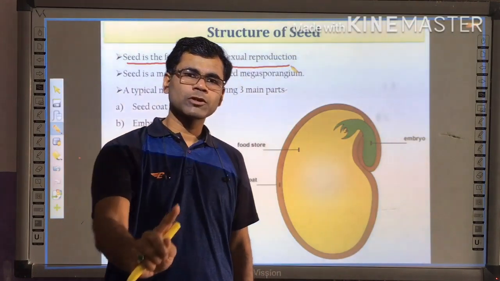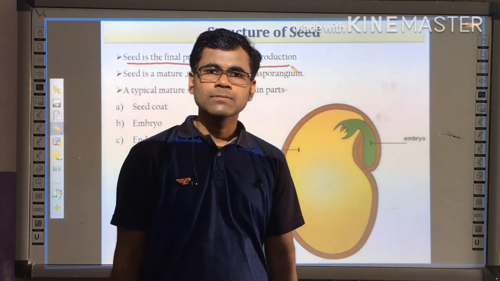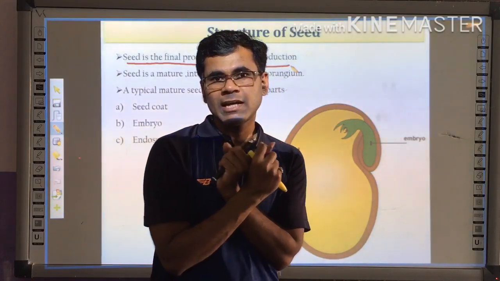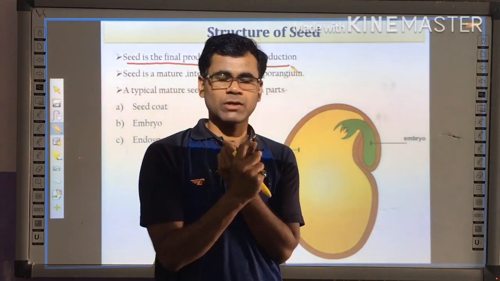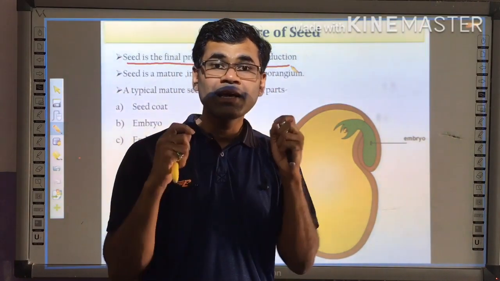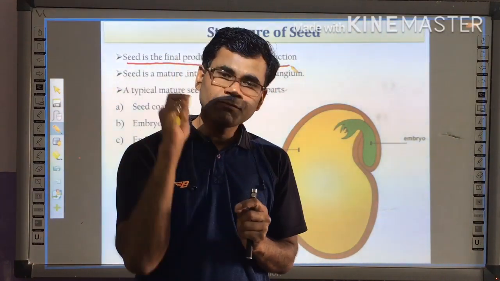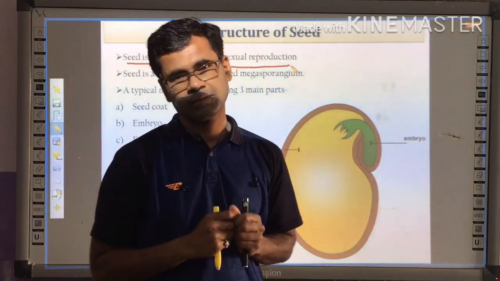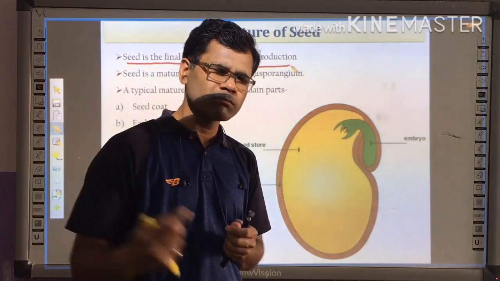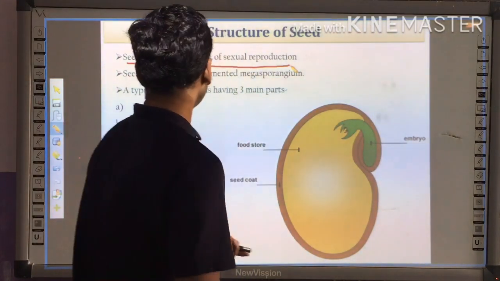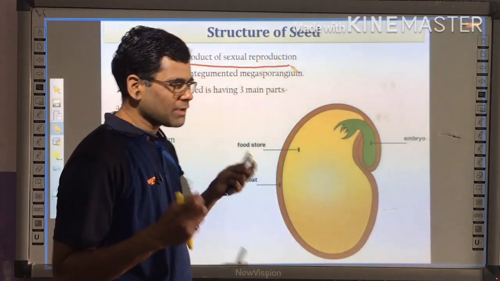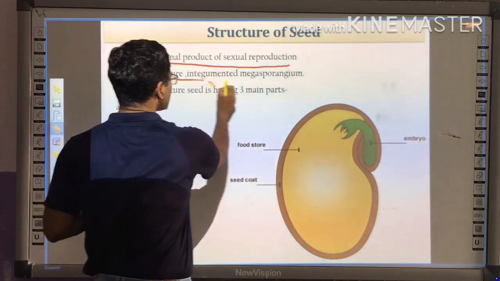Again, a very important question for 1 mark. During sexual reproduction, seed formation takes place. And what is the ultimate goal of sexual reproduction? The formation of a seed. This seed later develops or grows into a plant.